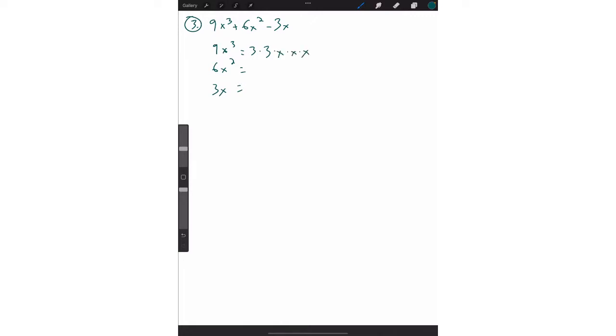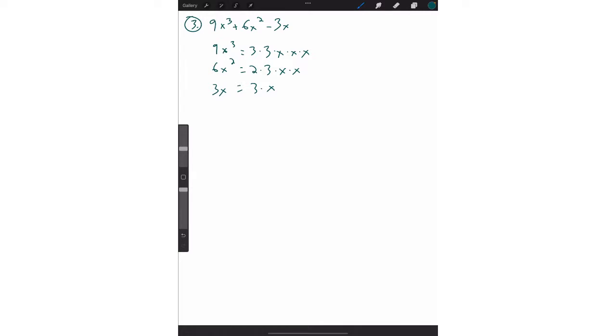So 9x to the third can be written out like that, down to the prime numbers. 6x squared is the same as 2 times 3 times x times x, and 3x is just 3 times x.